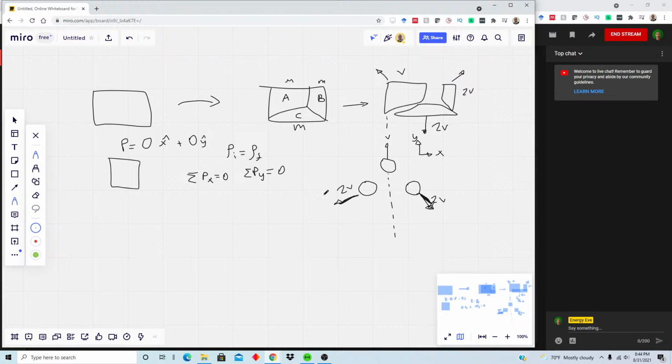And so the push in this direction is equal to the opposite push from this direction. So you see that in the y direction, momentum kind of cancels out. This one doesn't have momentum going left or right. So actually the x direction momentum cancels out. So we kind of know already that the px cancels out, right? And we can calculate that by trying to find out the angle.